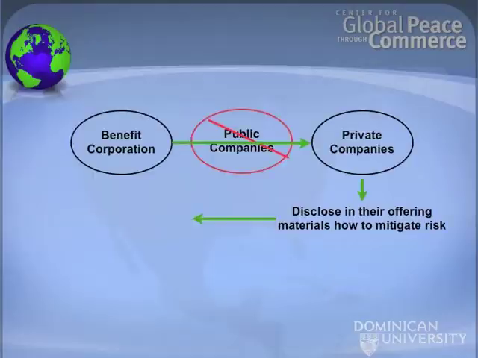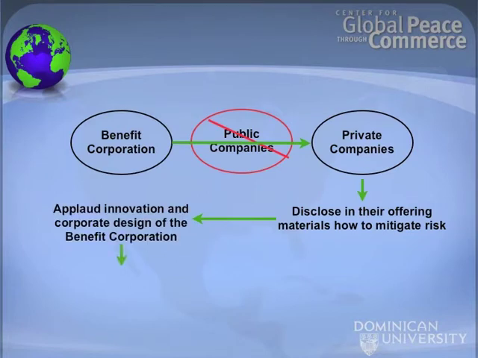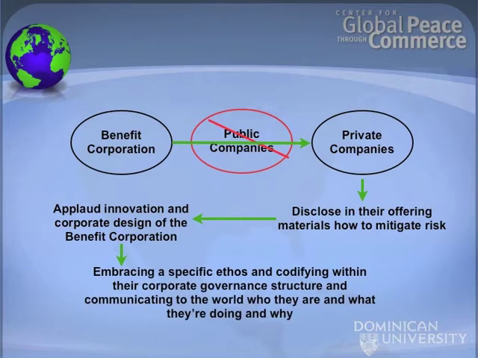And so I think there may be easier ways of mitigating this risk and perhaps more bulletproof ways of doing it. Having said all of that, one, we must applaud the innovation in corporate design. Two, we must recognize that most people who are adopting the benefit corp form are not really doing that for the technical reason I've described.